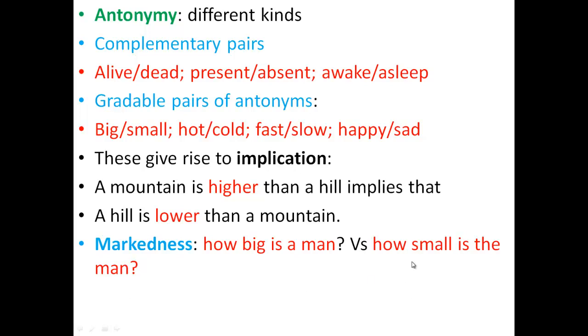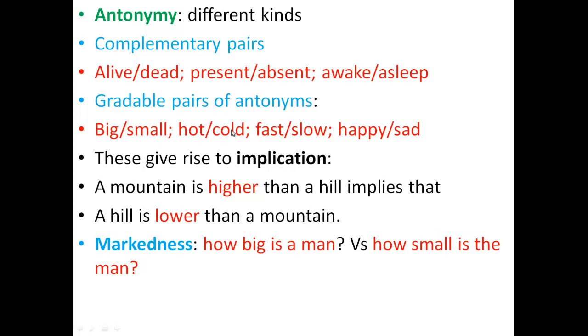So small here cannot be used in its neutral sense, in a general context. It carries with it its original meaning of smallness. So the one which is used in a neutral context is the one which is unmarked, but the one which keeps its original meaning with it is marked.